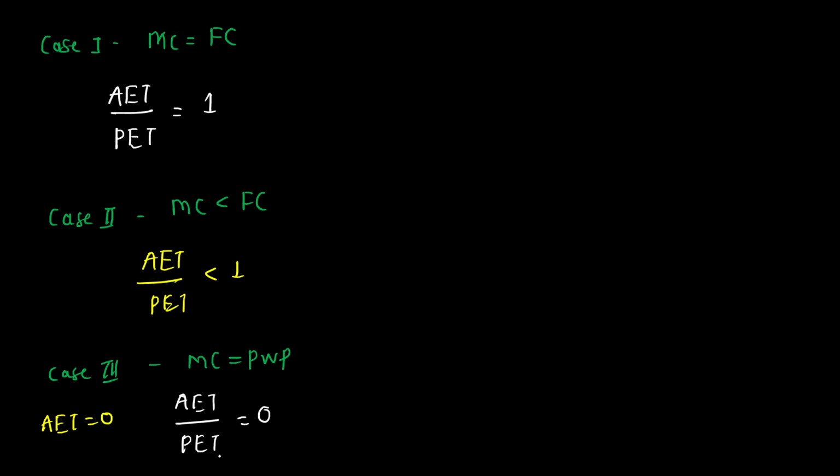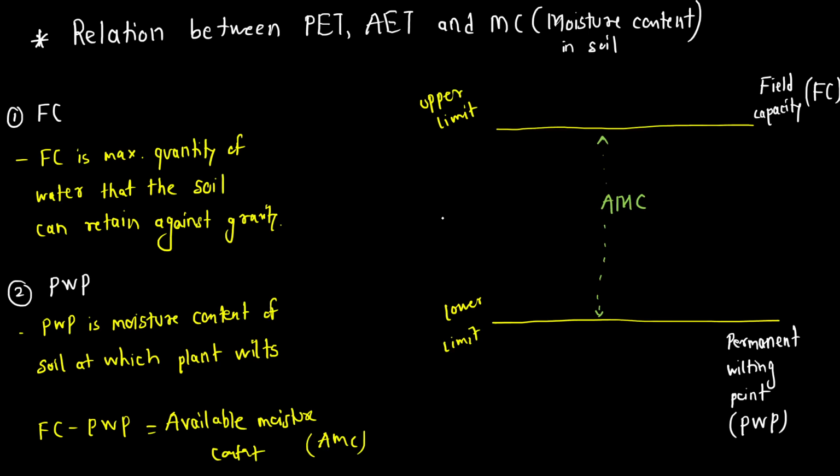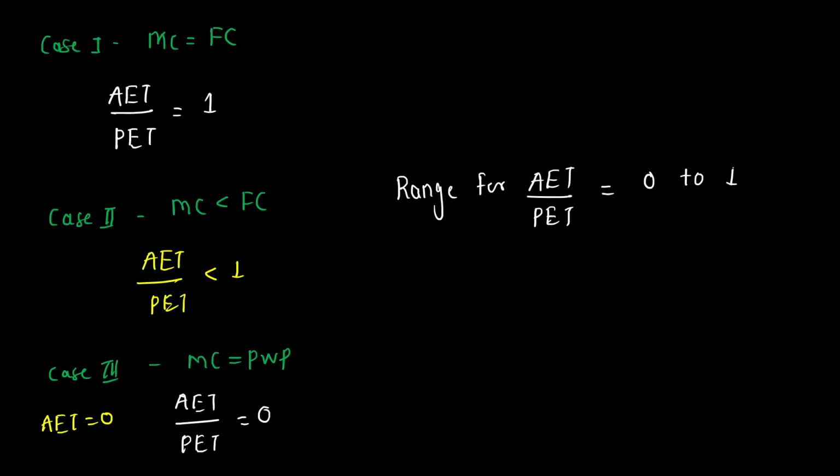From this we can define the range for AET by PET. The range is 0 to 1. It cannot be less than 0 and it cannot be greater than 1. It can be anywhere between 0 and 1. So these are the relationships between AET, PET and the moisture content.